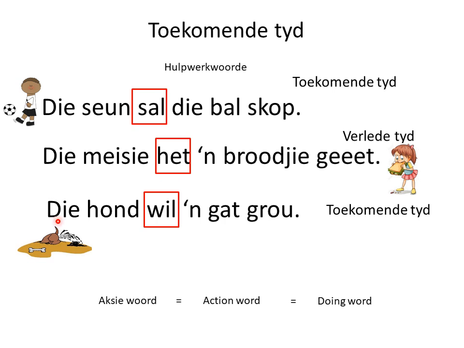Again, die hond wil 'n gat grou. Toekomende tyd, the dog wants to dig a hole. It tells us what the dog wants to do. When? Somewhere in the future. Toekomende tyd. And for our exercise today, we will be focusing on future tense.